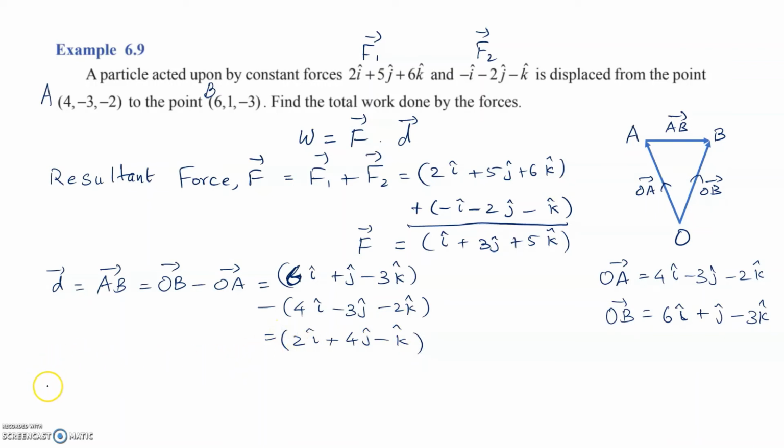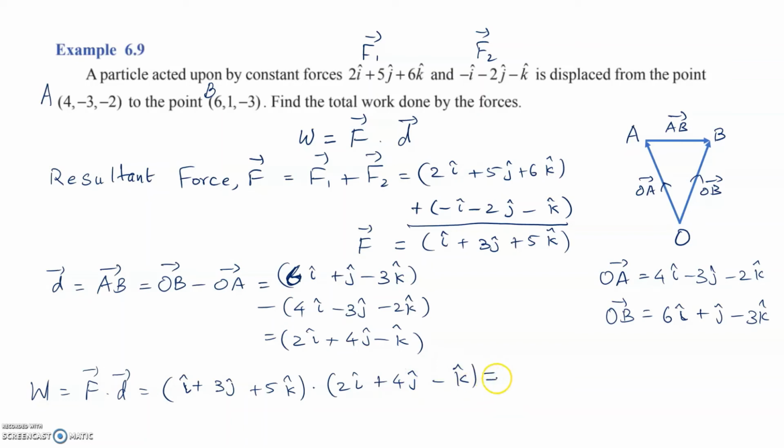Alright. So let's now find our work done. That's equal to vector F dot product with vector D. That's equal to i cap plus 3j cap plus 5k cap, which is our vector F, dot product with our displacement vector 2i cap plus 4j cap minus k cap.